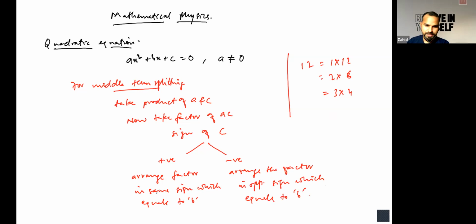So what do we mean by same sign and opposite sign? Same sign simply means positive positive or negative negative. It means you have to sum up the factors which equal this middle term B. Opposite sign means one term would be positive, the other negative. So you have to subtract these 2 terms which equal the middle term B.